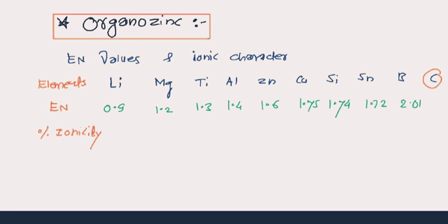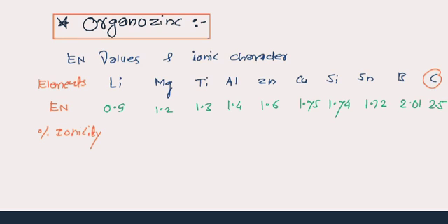Now compare carbon with all the elements. The higher the difference, the higher the ionic character. The ionic character is calculated using this difference between carbon and all the metals.